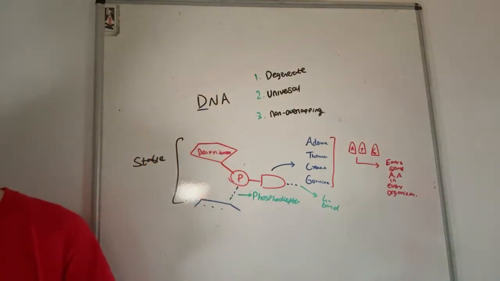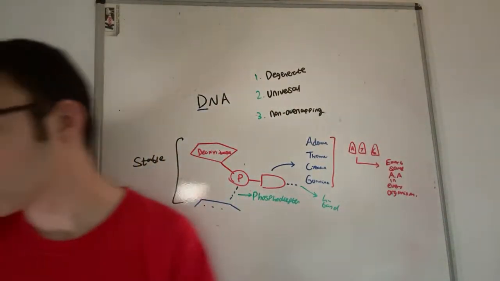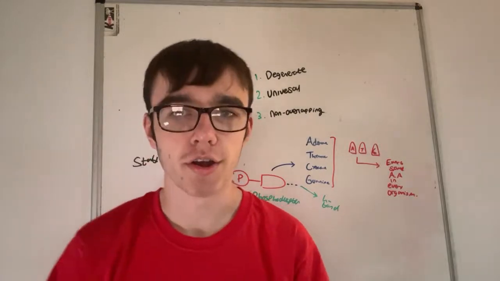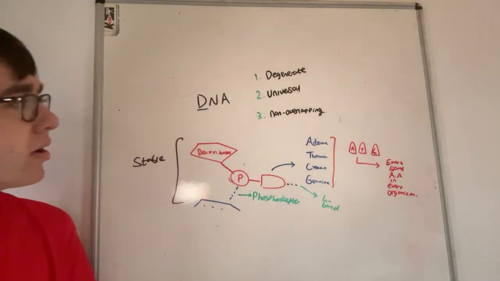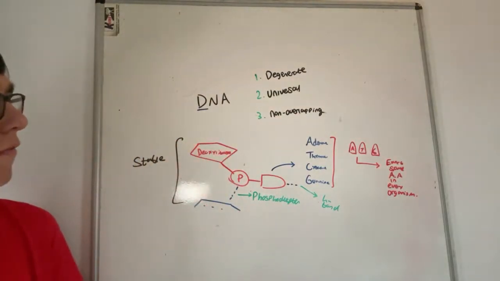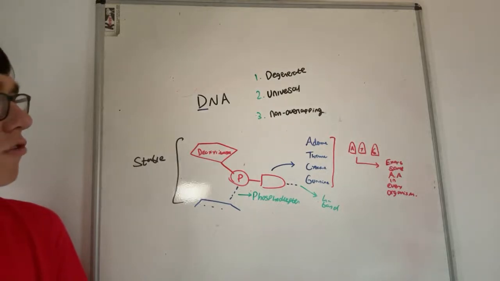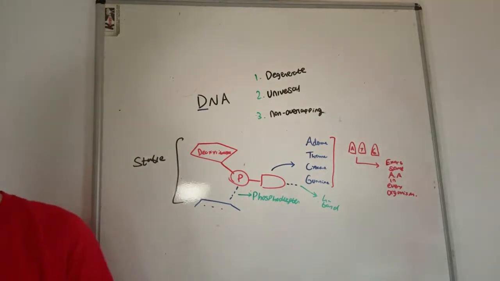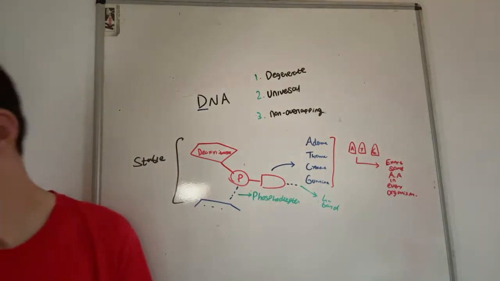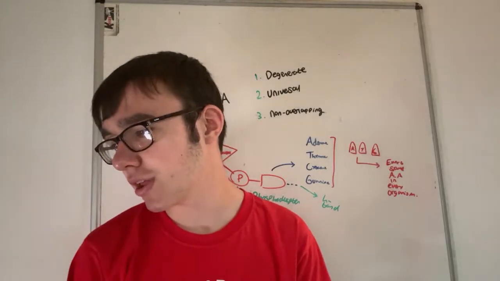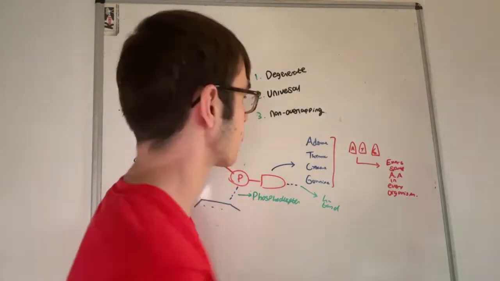Universal, we've done. Non-overlapping. Each base is only part of one codon. Okay, so I was, again, kind of on a similar line there. I said that each triplet is only read once. So what it means there is each base is only part of one triplet.